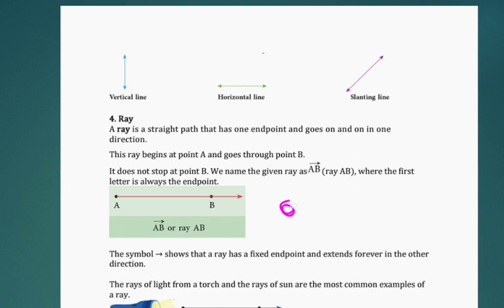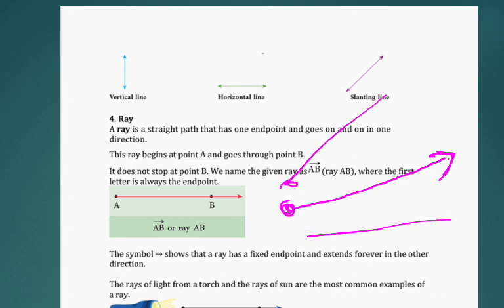With the origin point, I am moving like this. This is a ray. It moves in this direction. I can move anywhere in a straight line. So these are all called rays.